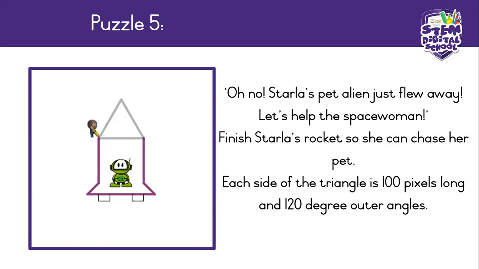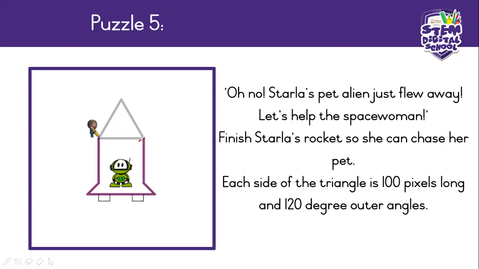All right, now let's quickly read what this puzzle says. Oh no, Starla's pet alien just flew away. Let's help the space woman. Now you see there is a little pet alien. Here it is. Let me just change this to a ballpoint pen. He needs to finish this rocket, our artist, so that Starla can chase her pet.